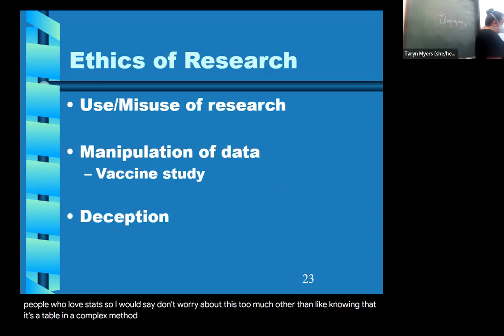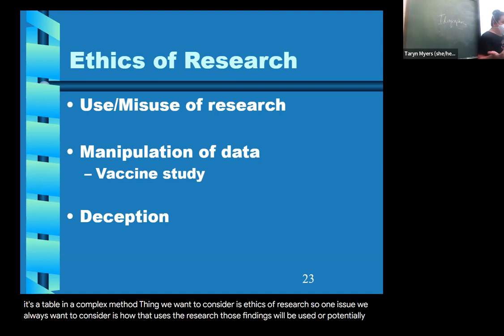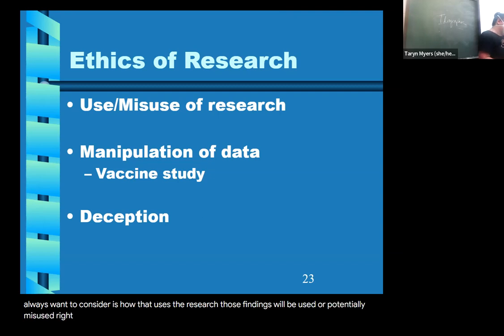Another thing we want to consider is ethics of research. One issue we always want to consider is how those research findings will be used or potentially misused, right? For example, when I was in grad school, we had a sample where it looked like one of the existing measures just wasn't working for one group.